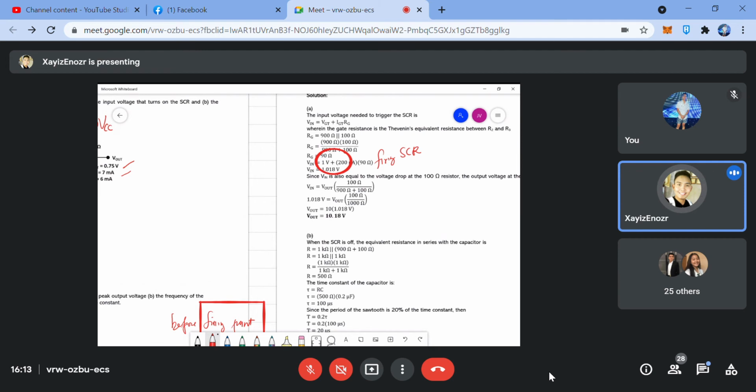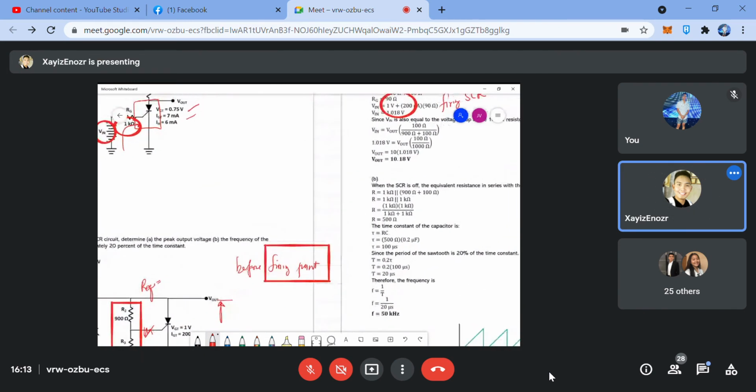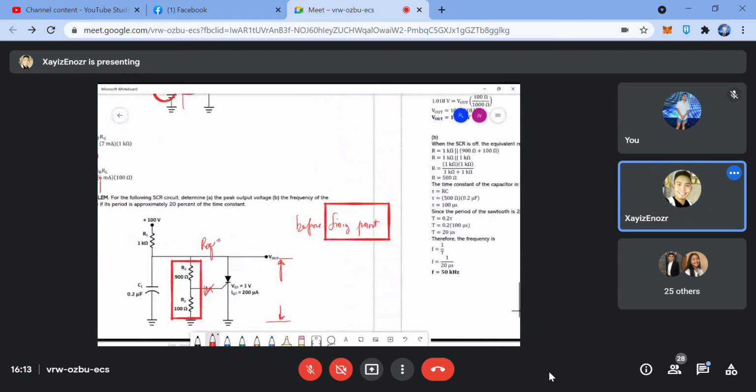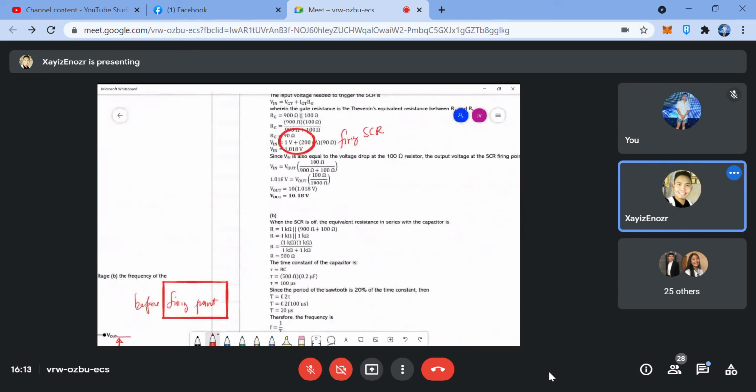So ano ngayon daw yung output voltage natin? Okay. So dito, ilista ko lang. 900.